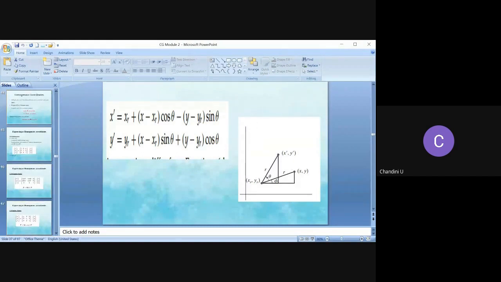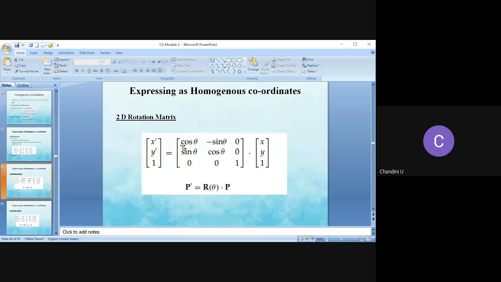Along with that, if you want to perform rotation in a program using OpenGL, you perform rotation using matrices. So we have to specify the rotation matrix. We know that the rotation matrix is cos theta, minus sin theta, cos theta, 0, 0, 1, 0, 0, 1.